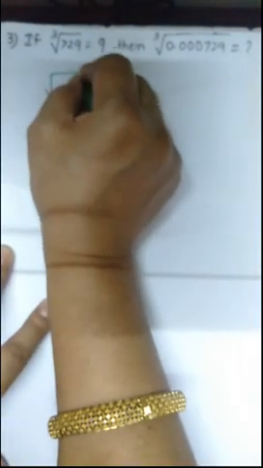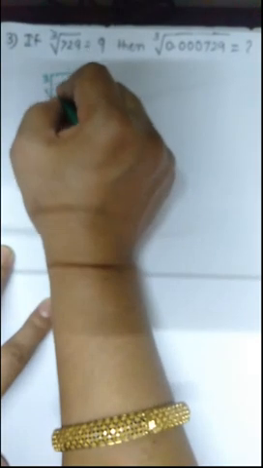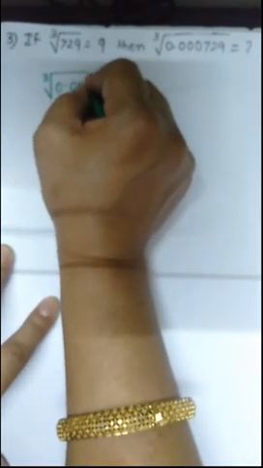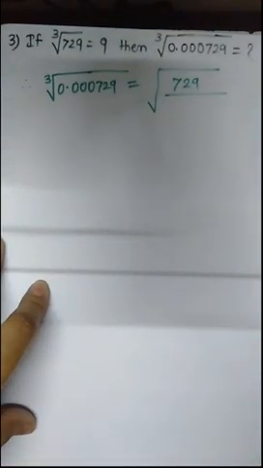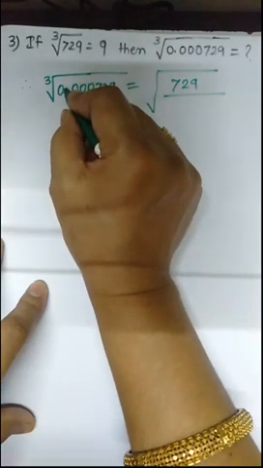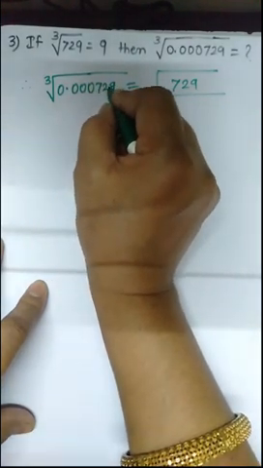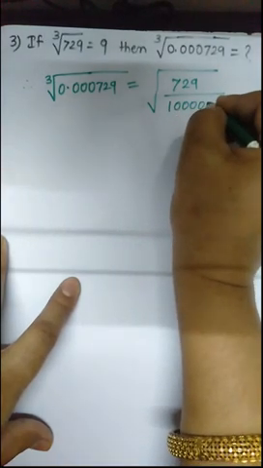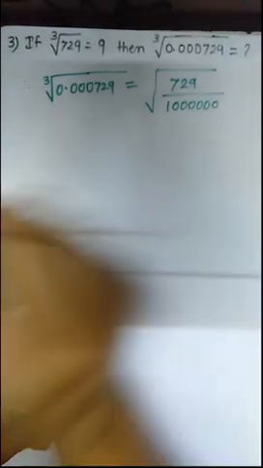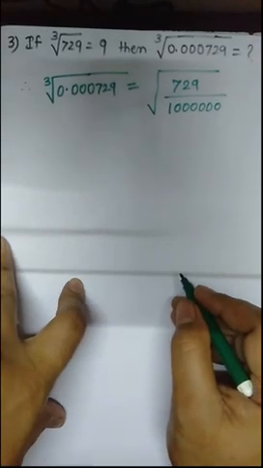So therefore cube root of 0.000729 is equal to cube root of 729 upon how many digits after the decimal point? 1 2 3 4 5 6. So write down 6 zeros at the denominator after 1.